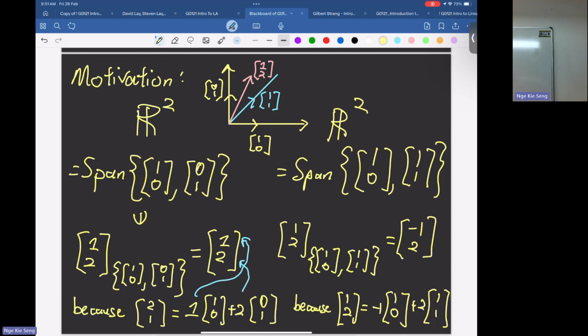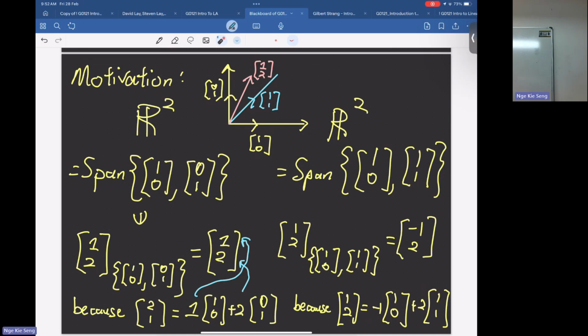Because you are taking the negative of (1,0) and then 2 copies of (1,1) to make this (1,2). So you are taking one copy of this and then two copies of this, so that you can make this vector. Another way to think about a basis is like a ruler: how many pieces of these vectors you need to build your vector?